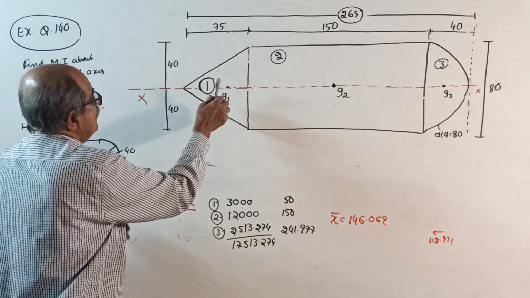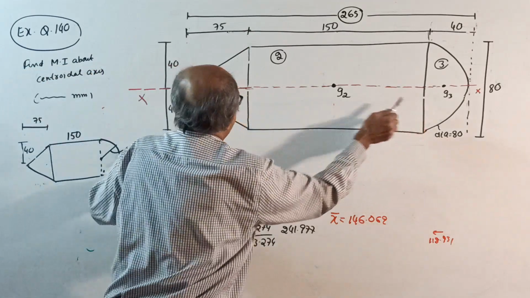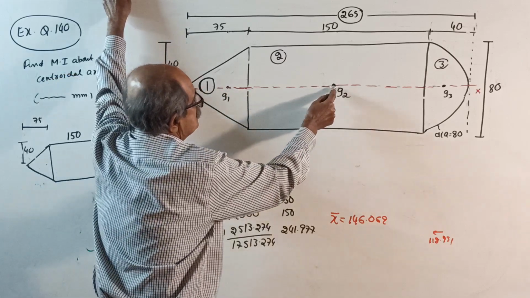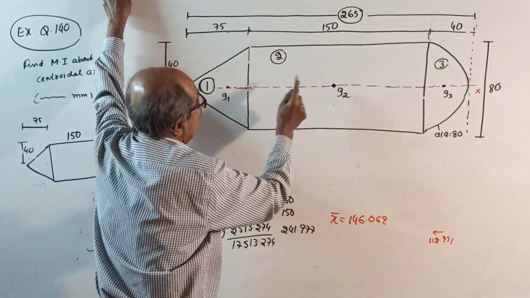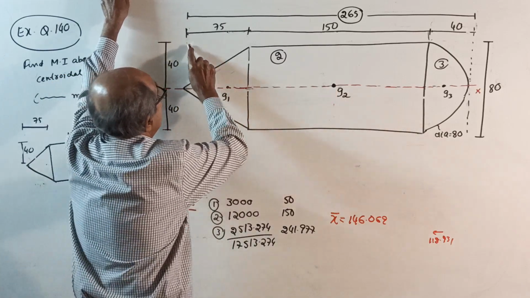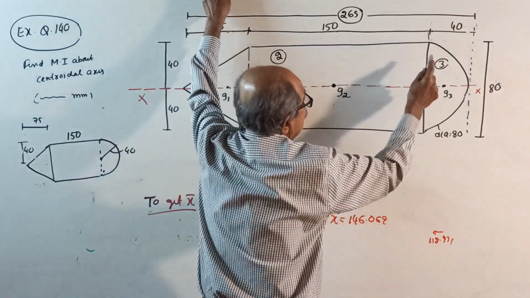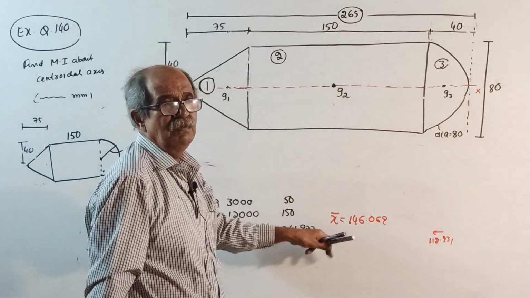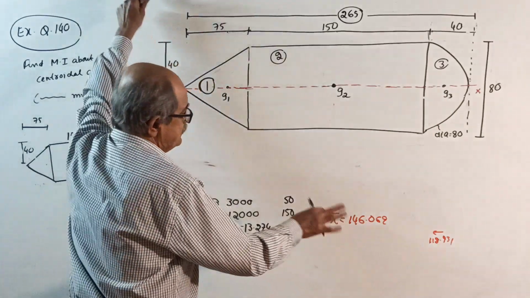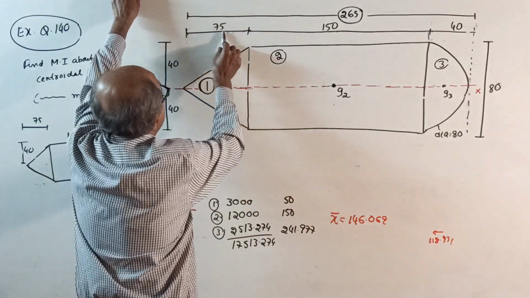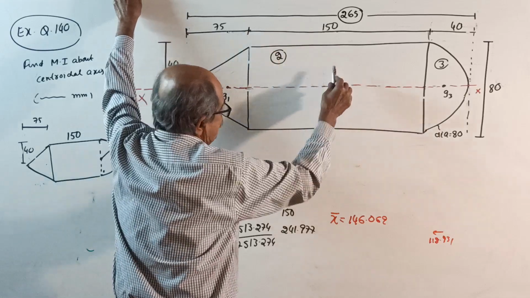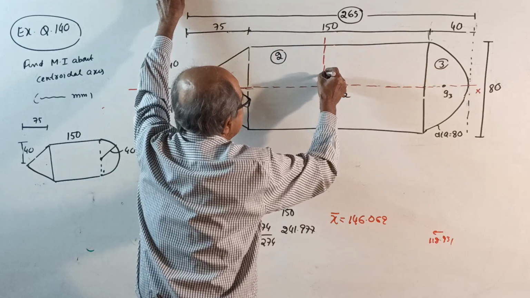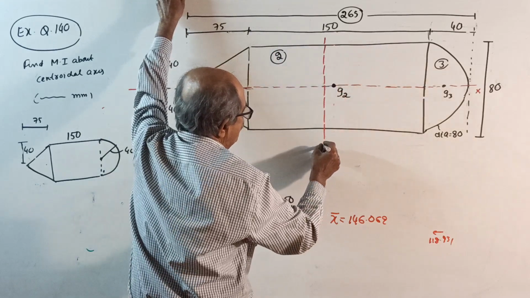A1, A2, A3, see, x1, 2/3 of 75, x2, 75 plus half of 150, x3, 75 plus 150 plus 2d by 3 pi. I wrote all the values, x bar will come 146 point something. Okay, see, 75, another 75, 150. Oh, before, a little before. Last time it came a little afterwards, now before, y.